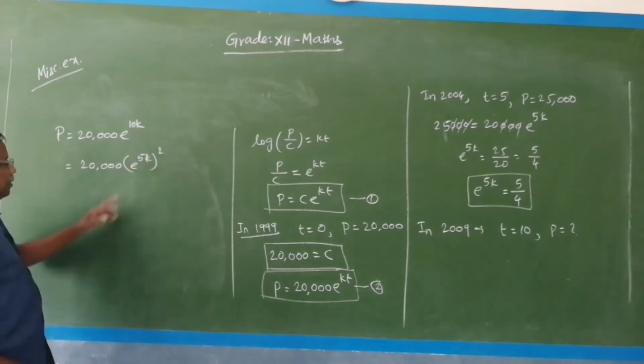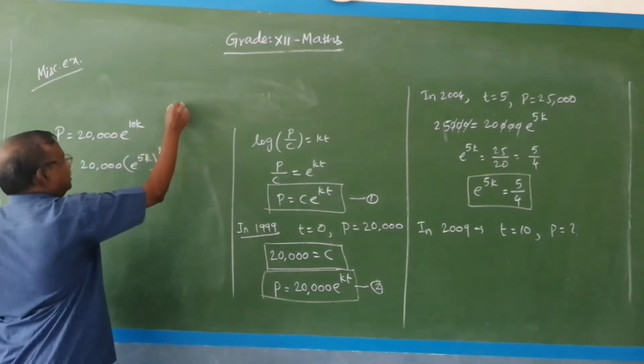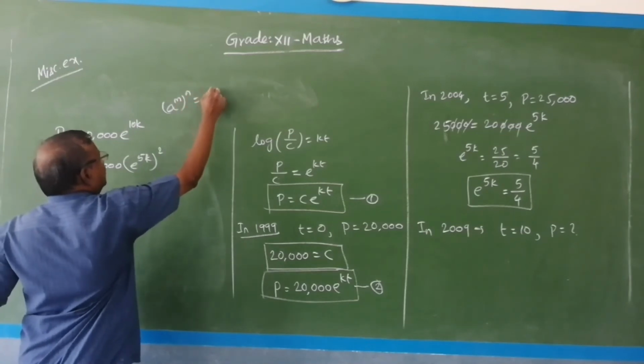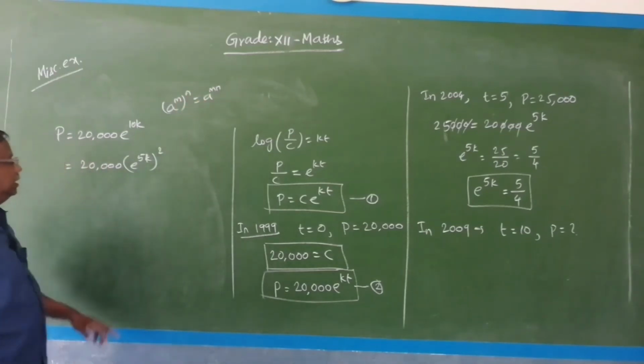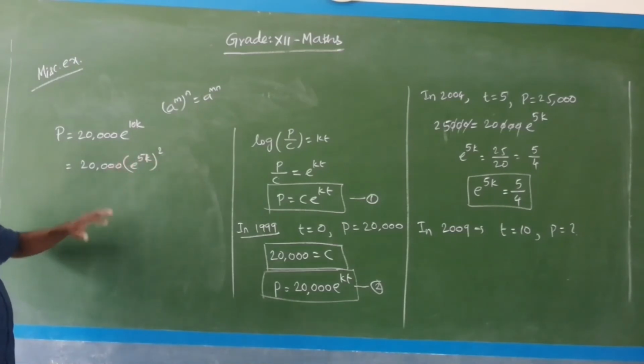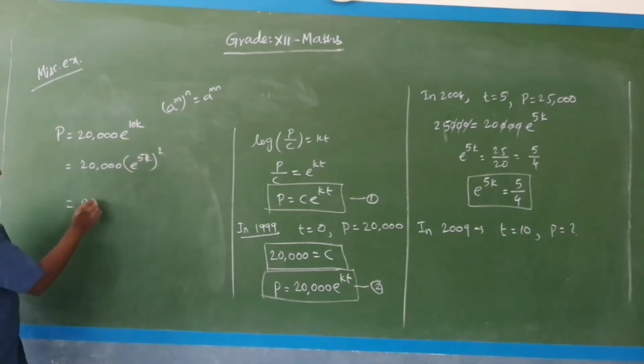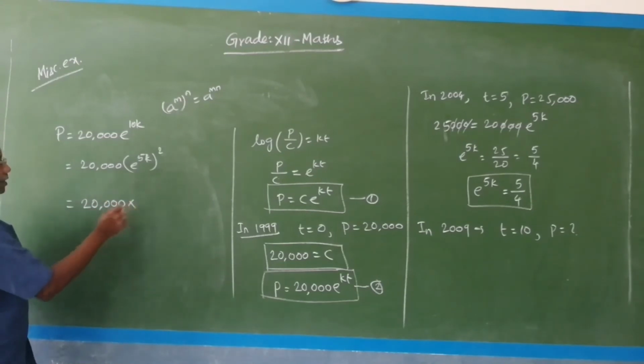So, a power m the whole power n equals a power m into n, accordingly 2 into 5 is 10k.